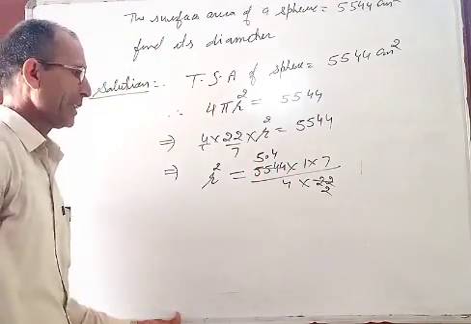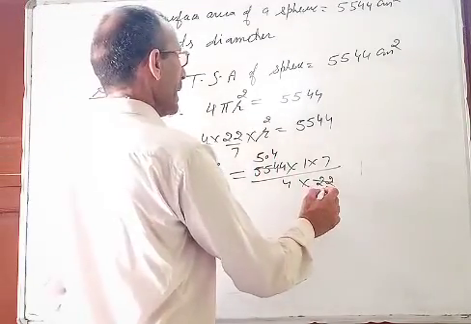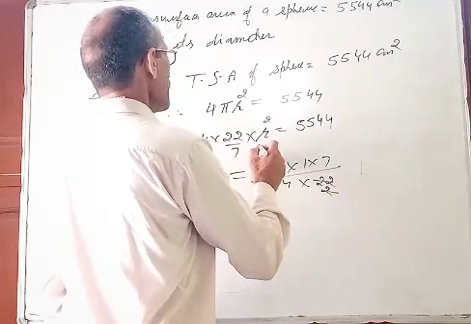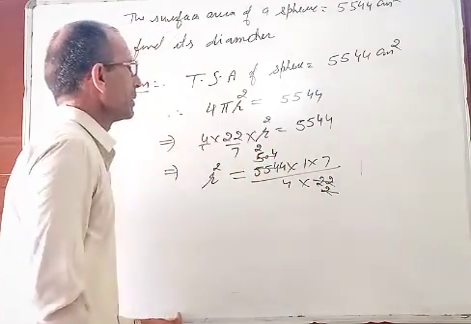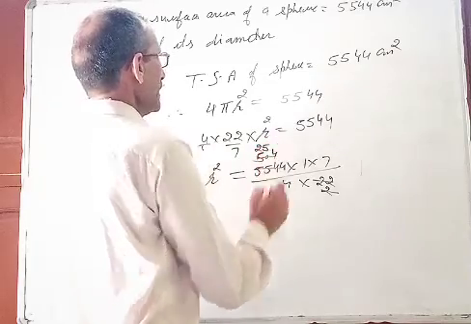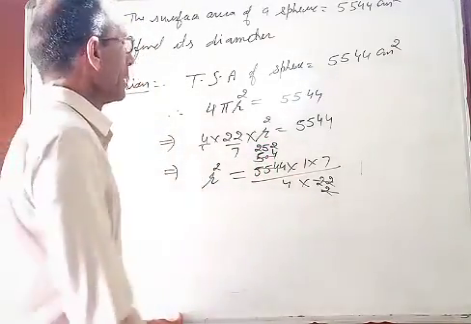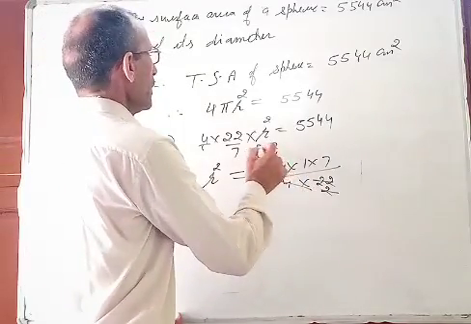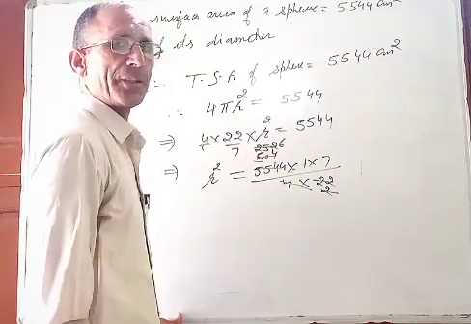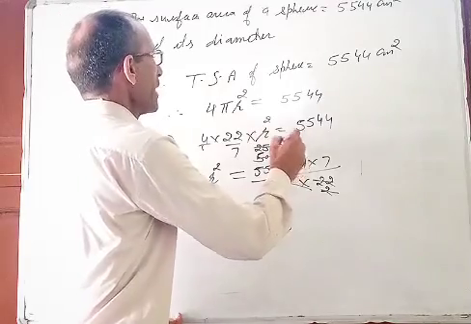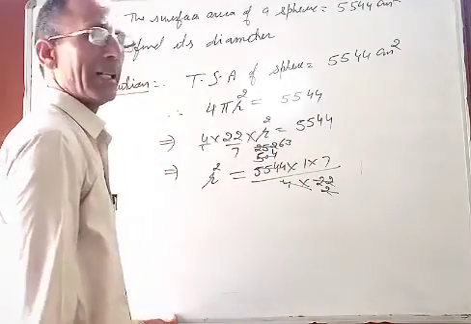Any doubt, any confusion? So again, 2 2s are 4, 2 5s are 10, 2 2s are 4. Is this also clear? Now cut it by 4. 4 6s are 24, 4 3s are 12.